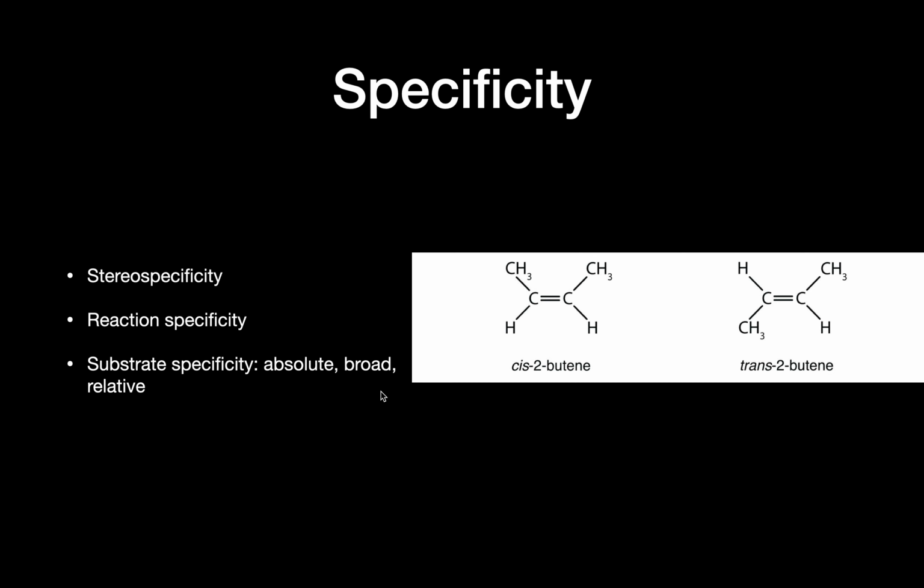Broad specificity means that an enzyme will bind to a variety of substrates. And relative specificity is that an enzyme will bind to similar substrates, such as dehydrogenases, right? So they will form the same dehydrogenase complex with different molecules, but only if the molecules are somewhat related to each other.